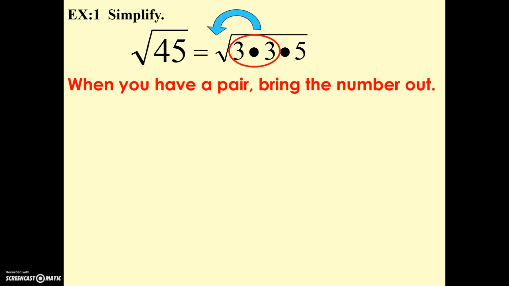So we're going to bring that number out as a pair, so only one time. That pair comes out as 1. And so now my answer is 3 on the outside, and I still have 5 underneath the radical. And that is how you simplify radicals.